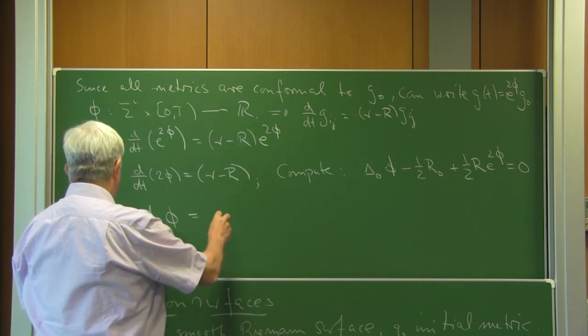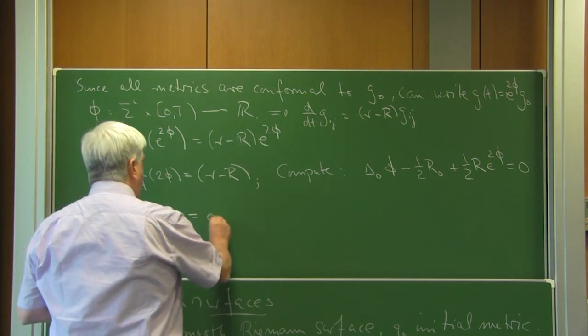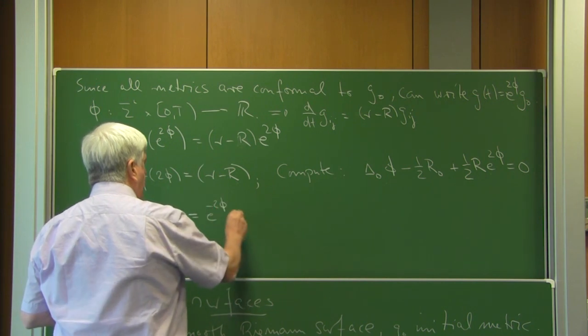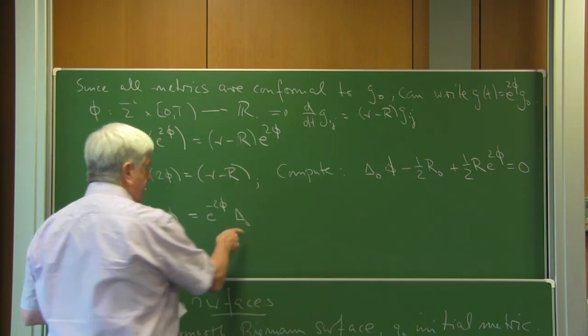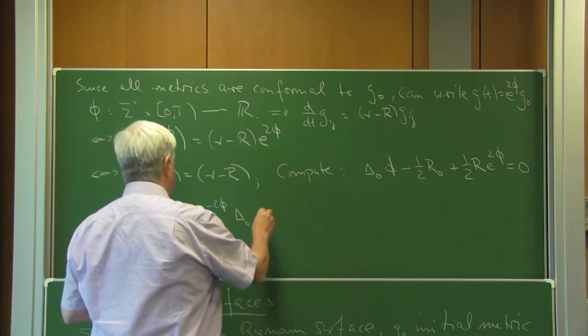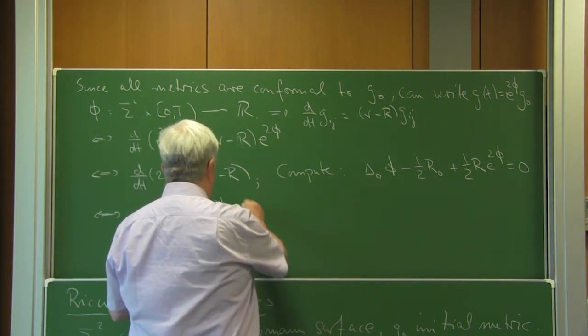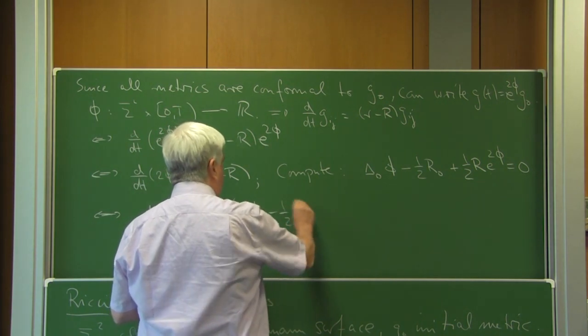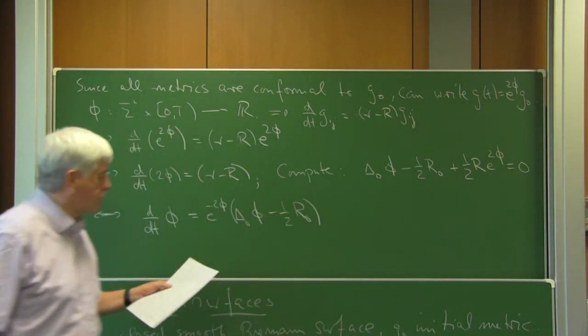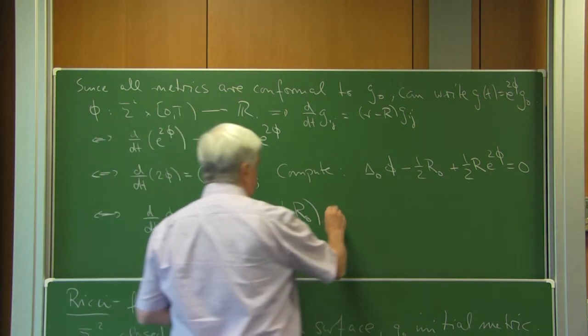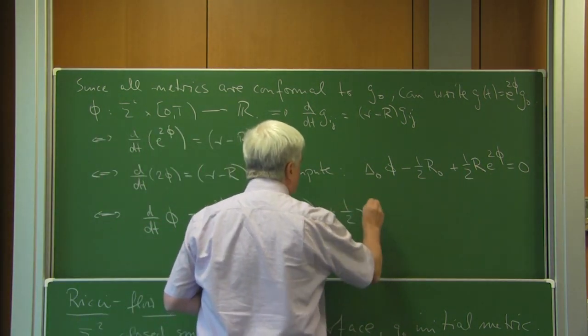You get on the right hand side e to the minus 2 phi times the Laplacian with respect to the fixed initial metric of phi minus 1/2 the initial scalar curvature, and then you get plus 1/2 r.